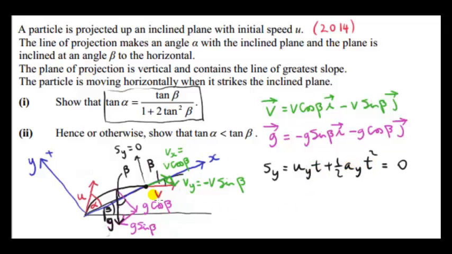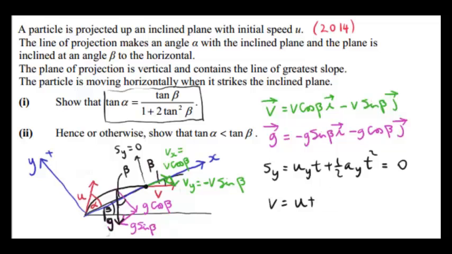And if we know the time of flight, we can use our formula v equals u plus at, and use the fact that the final velocity is horizontal, and plug the time that we found from this equation into this equation here. Well, we need to consider the x and y components of this equation. So that's the strategy.